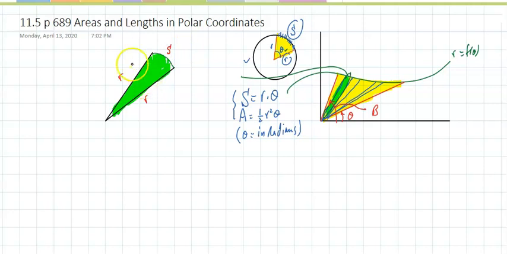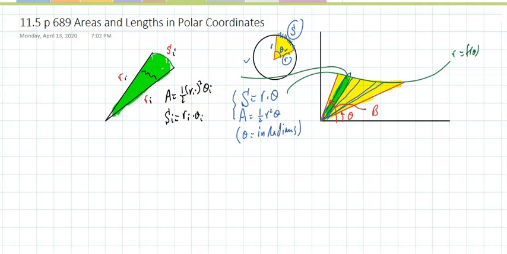If I call this r sub i, then s sub i is actually r sub i times the change in theta, let's call it theta sub i. And area is 1/2 r sub i squared theta sub i.